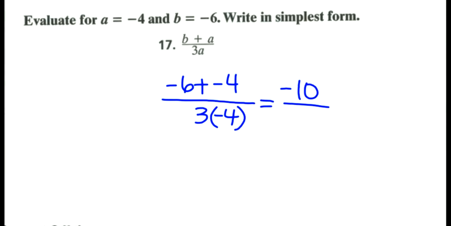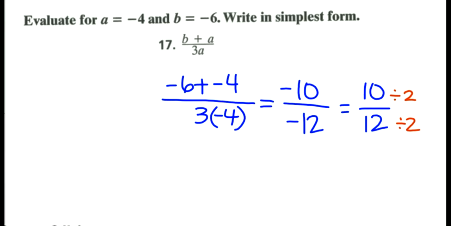They joined. 3 times -4 is -12. A negative divided by a negative is a positive. So I have a positive 10/12. I'm going to divide both of these by 2 to get 5/6. 10 divided by 2 is 5. 12 divided by 2 is 6.